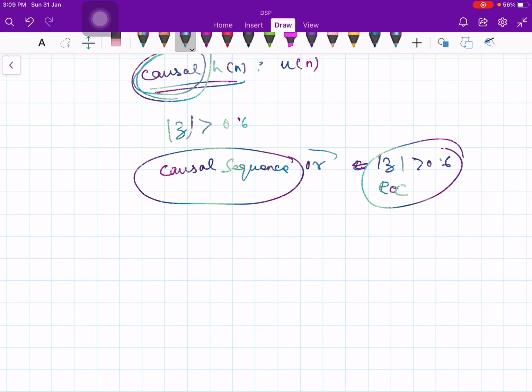Somebody comes and says causal sequence h of n, or the ROC mod of z is greater than 0.6. Both are equivalent statements.